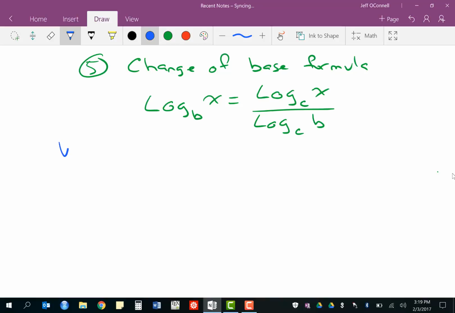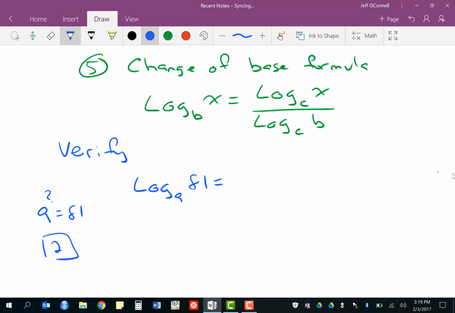Again, let's verify this. And I'd like to verify it considering the log base 9 of 81. So I have changed my example from the previous verifications. Just to check, 9 raised to what power is equal to 81? Well, that would be the 2nd power, so the log base 9 of 81 is equal to 2.